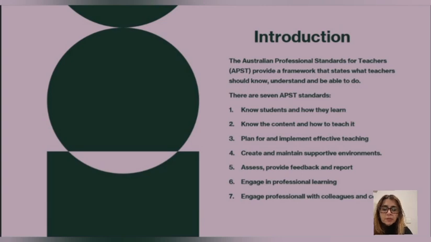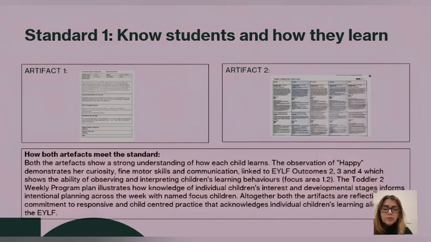Standard 1. Know the student and how they learn. For this standard, the two artifacts as shown are focused on a child's observation and a weekly program plan. Both the artifacts show a strong understanding of how each child learns.